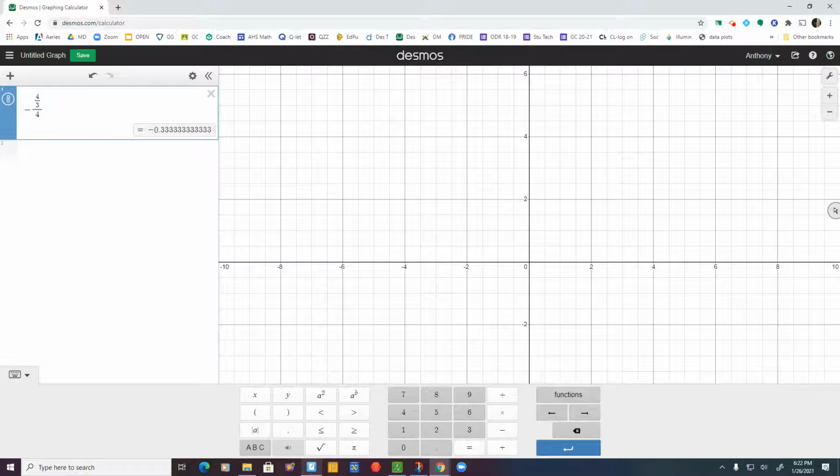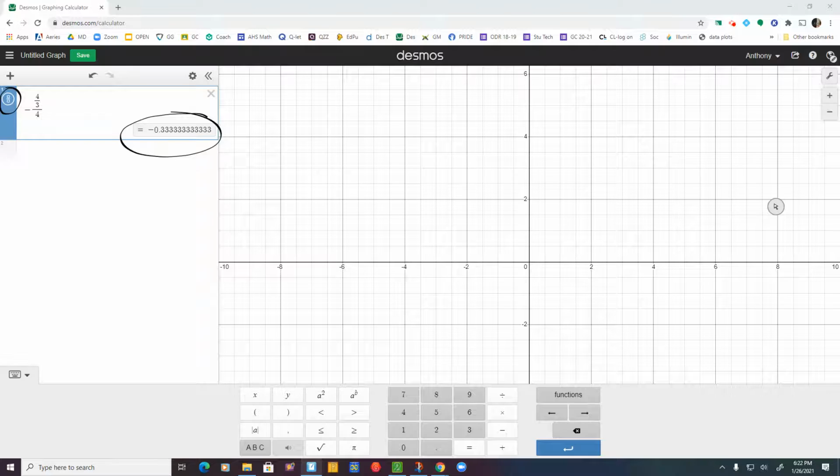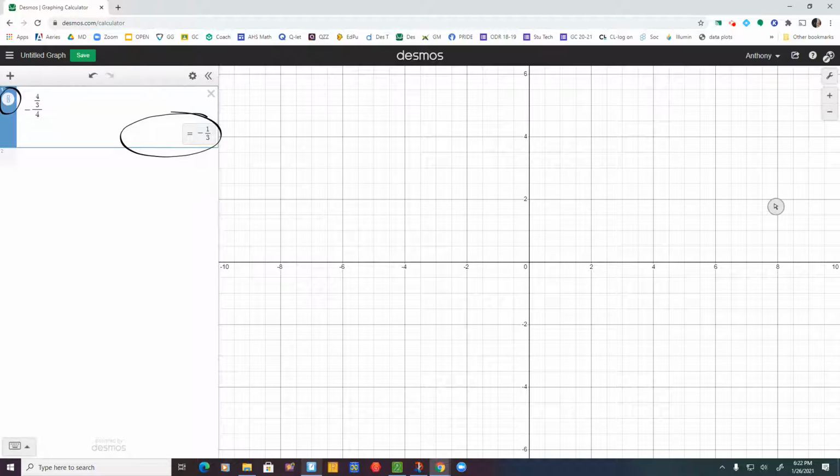What is this right here? Press this button, and it will give it to you as a fraction. You ready? Let's press that button. -1/3 is my fraction. Please learn how to use Desmos to help you with this.